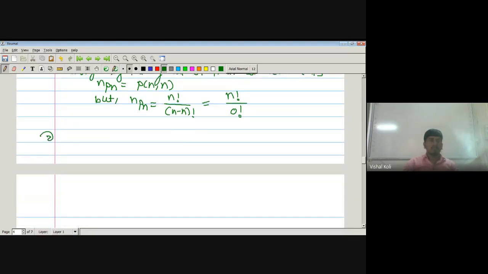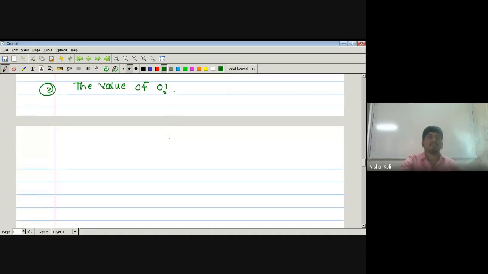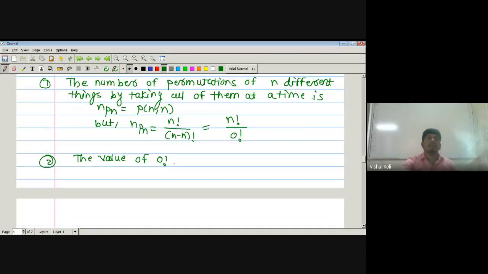Now second, the value of 0 factorial. 0 factorial is nothing but 1.